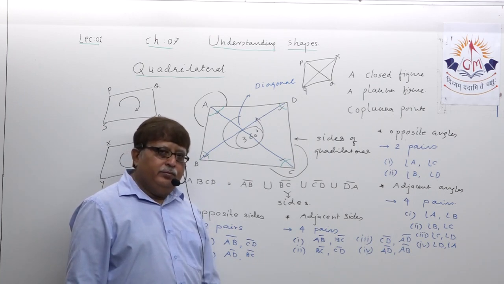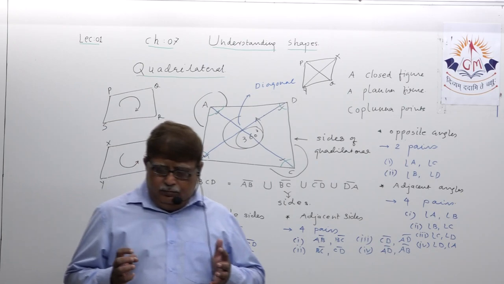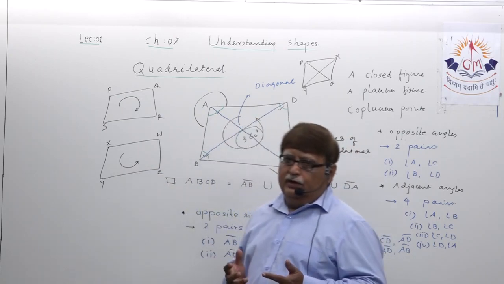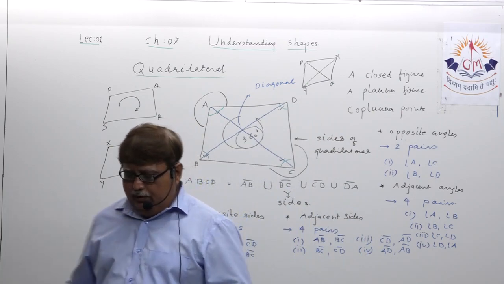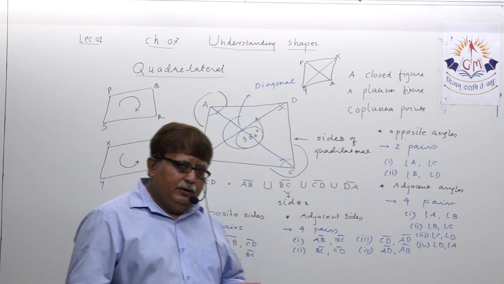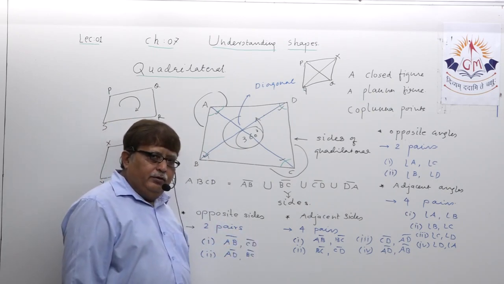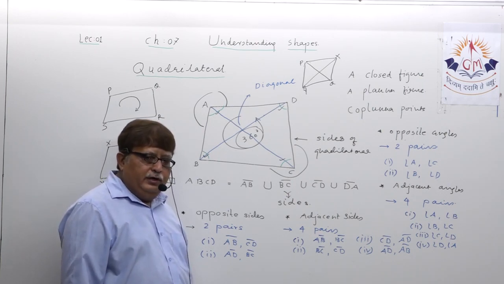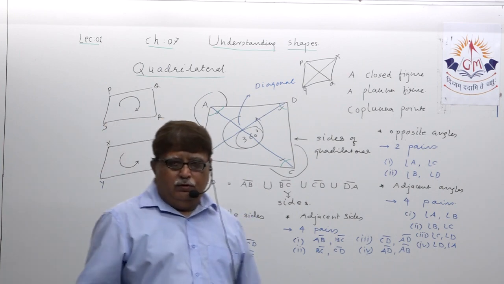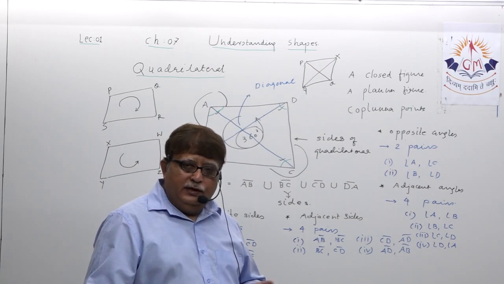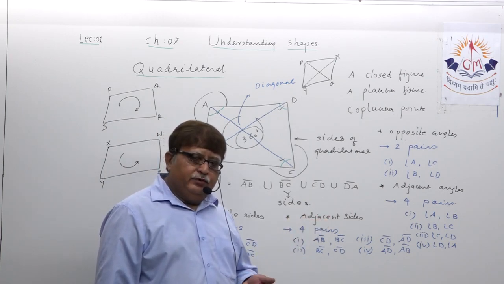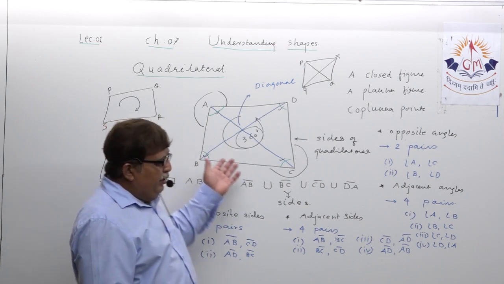That you should remember. So these are some of the important basic concepts regarding quadrilateral, and before you move deep into this chapter, I want your concepts to be extremely clear: how to name a quadrilateral, either clockwise or anti-clockwise, how many pairs of opposite sides, adjacent sides, opposite angles, adjacent angles, how many pairs of diagonal.